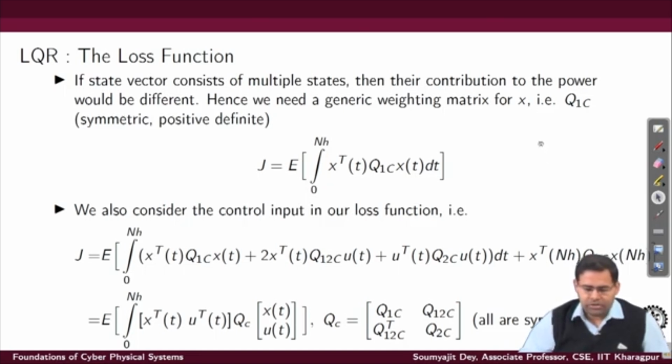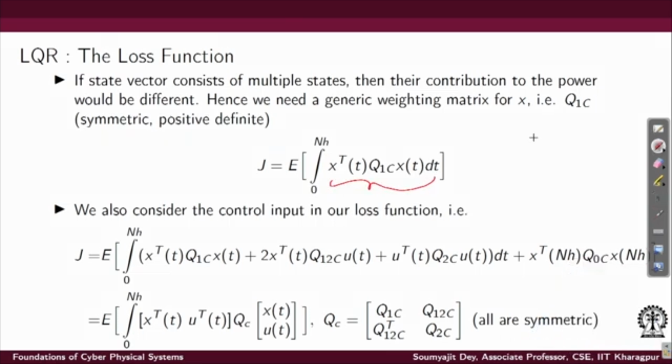So, in general, if the state vector has multiple states, then their contribution to this energy indicator can be different, right. So, ideally we would like to have this in a nice quadratic form like this. It is not just x squared, but rather you have x transpose and x with a weight matrix Q in between. And what are the coefficients of the weight matrix doing?